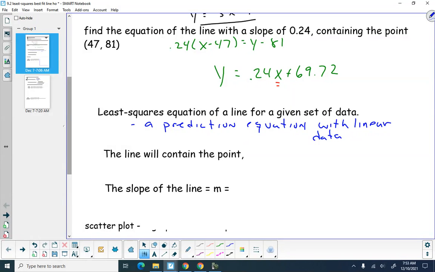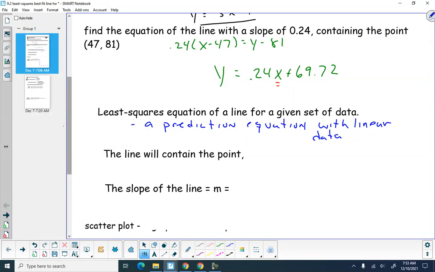Given that I have data that comes close to being linear, it may not be exact, which is fine. But if I get a prediction that's close to being linear, I can use a least squares equation to predict what the line would be.